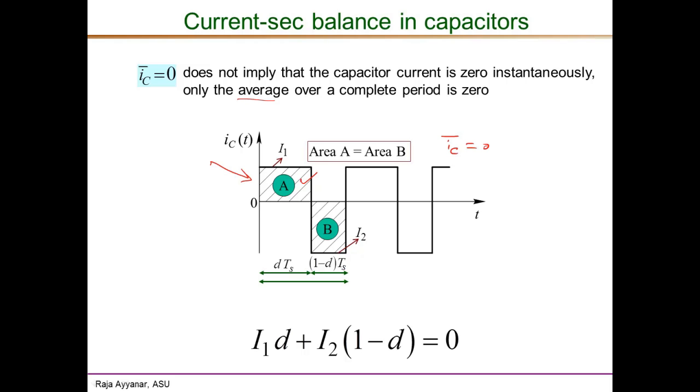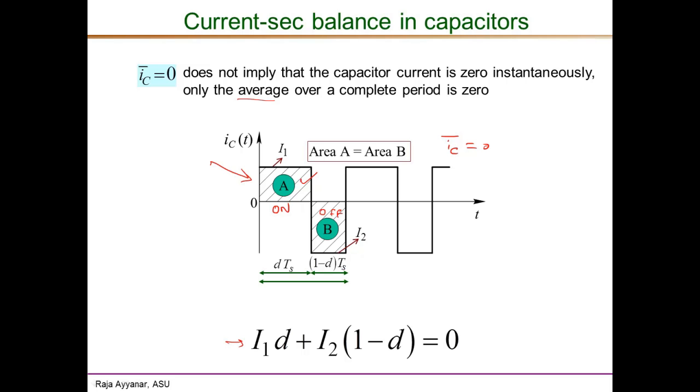And the way we write the current-second balance equation is shown here. Given this type of waveform, in this example at least, the current is a constant value during, for example, the on interval at a magnitude of I1, and it's another constant during the off interval of value I2, and if I1 is positive, I2 has to be negative.